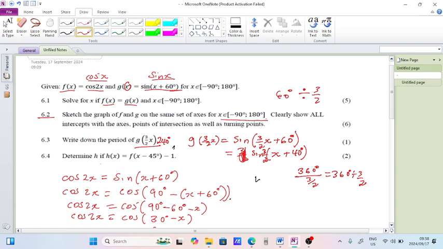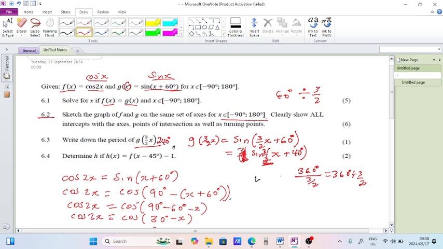Any question? You understand how to take out the common factor. I'm saying the common factor that you take is part of the angle. You should write it here. Now I said the period of the graph will always be divided by the coefficient of the angle.